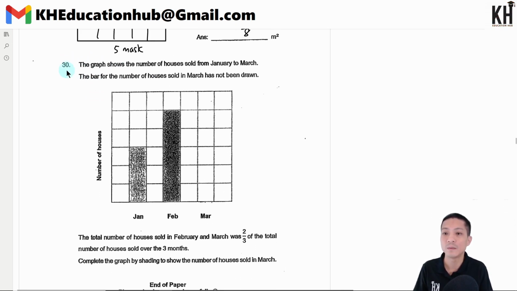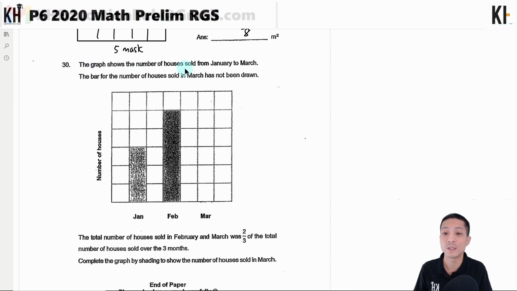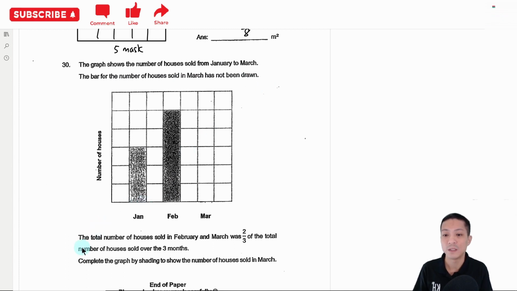Okay, question 30. The graph shows the number of houses sold from January to March. So January, February, and March. The bar for the number of houses sold in March has not been drawn. Okay, the total number of houses sold in February and March was 2/3 of the total number of houses sold.